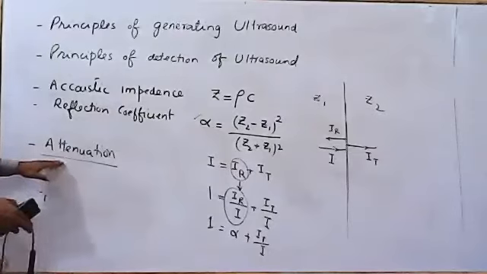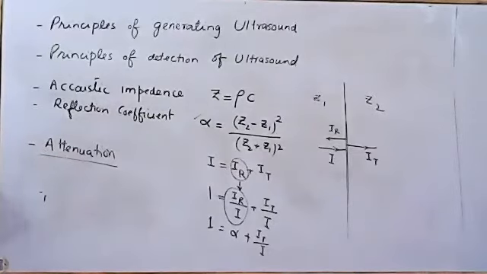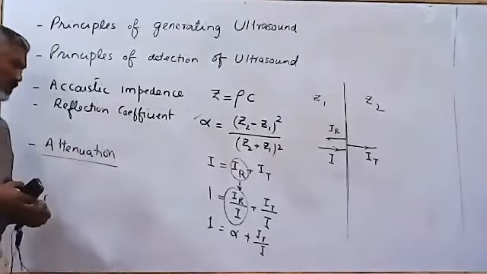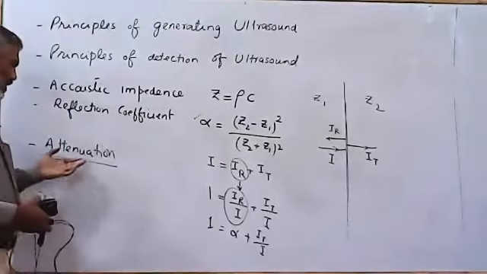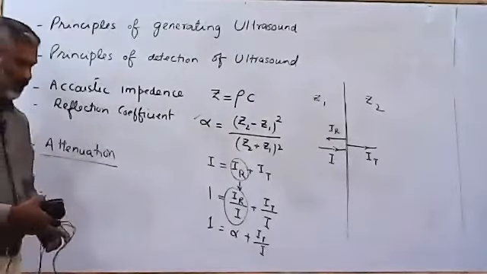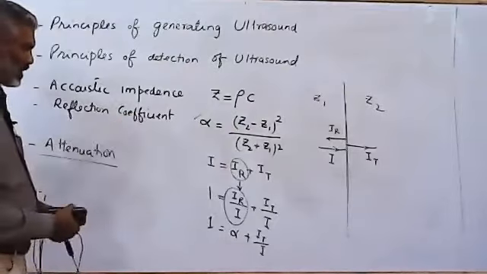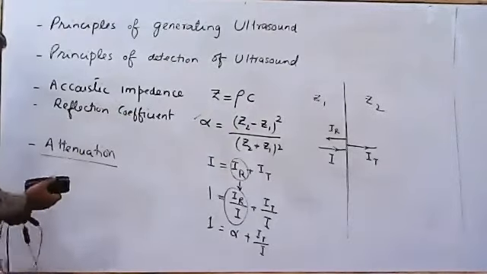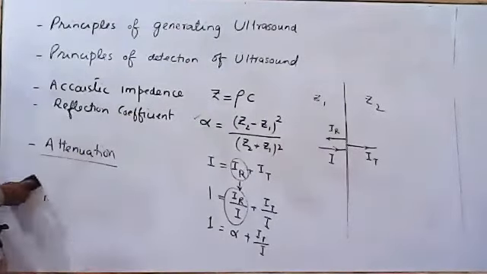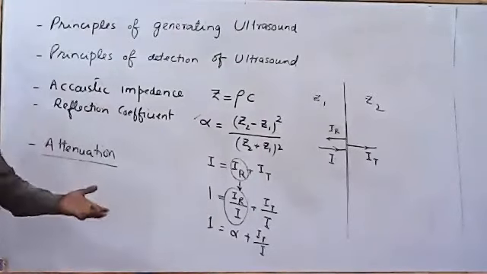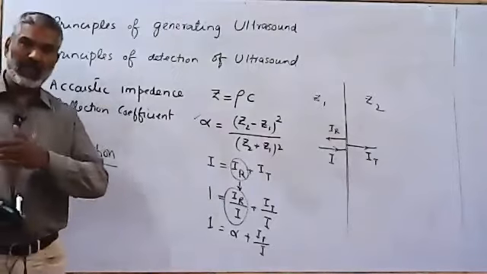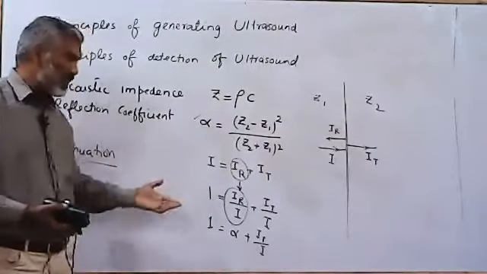So attenuation means if a signal is passing through a medium, how much of its intensity is being lost over a time, over a distance. And there is a formula that gives us the value of how much remains of a signal when it travels a certain length of a medium. So that is the last part.